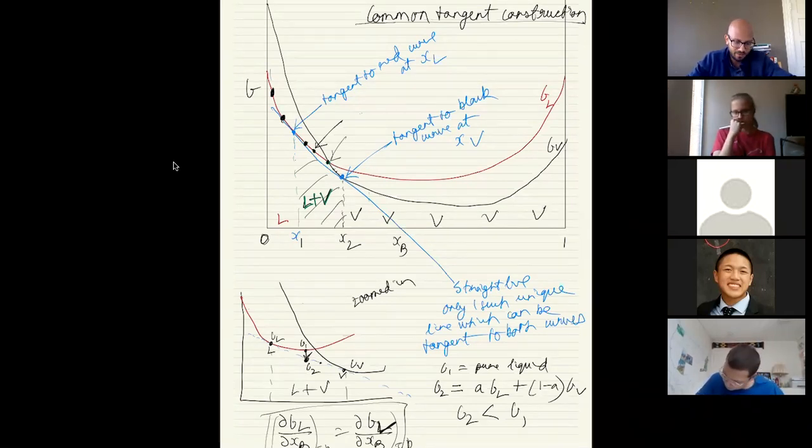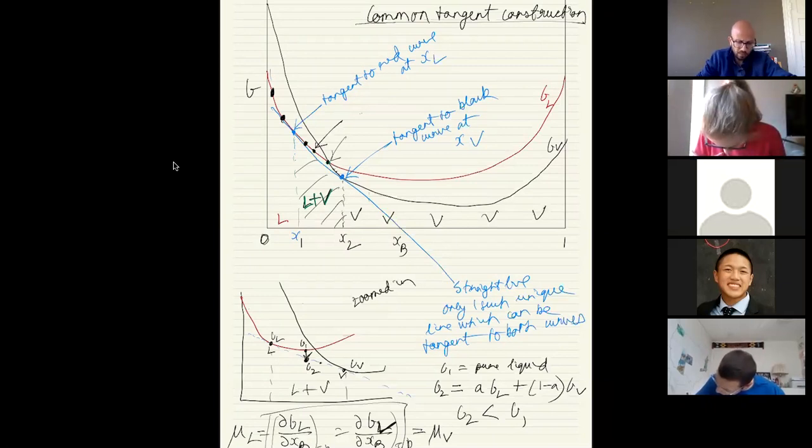Hopefully it's not too bad of a disaster. This is mu L on the left, and this on the right is mu vapor. In order for two phases to coexist, the chemical potential for any species across them in both phases has to be the same. You can do the same thing for X_A, but X_A is equal to 1 minus X_B.